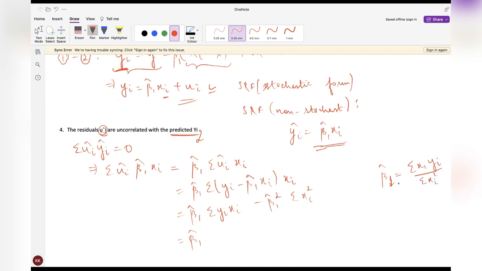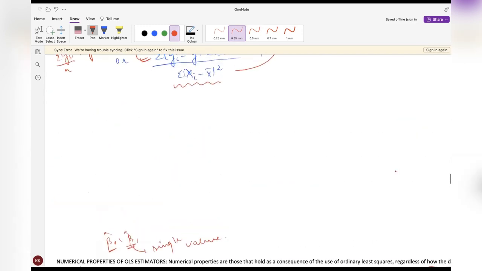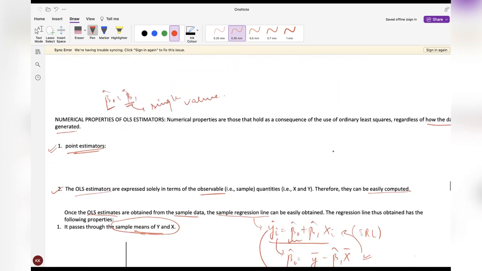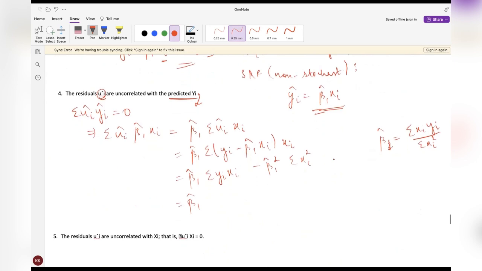Remember, when we calculated the value of beta 1, I told you that it can be written as deviation from their mean. So this can be written as summation of small yi, small xi upon summation of xi square, which is equal to beta 1 hat. That's what we are using here, right? So that is why we have this.